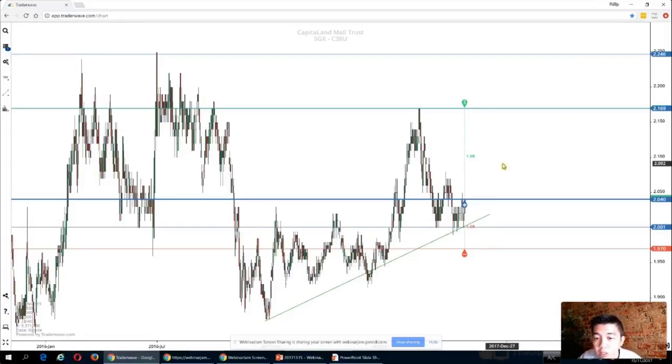All right, so of course, if you decide to get into trades like this, please make sure that you follow and adhere to your stop loss, because if the price falls from the current entry level, breaks the green uptrend line, and then goes to the horizontal support at $2 and breaks it again before heading down to your stop loss level at 197, it very likely suggests that your trade is not going to work out anymore.